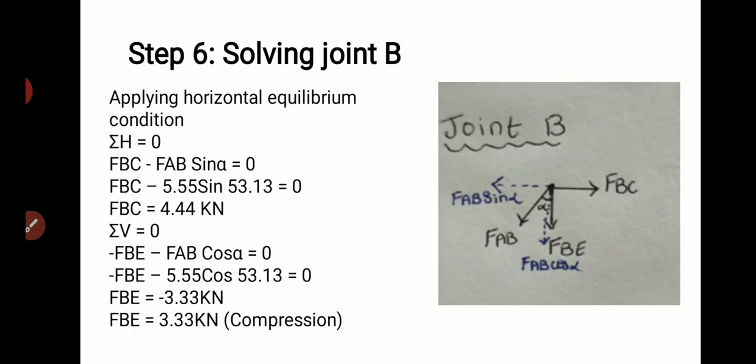The next important step is solving for joint B. In the case of joint B, the forces are FBC, FAB, and FBE. Between FAB and FBE I have taken the angle as alpha, and I need to determine alpha.